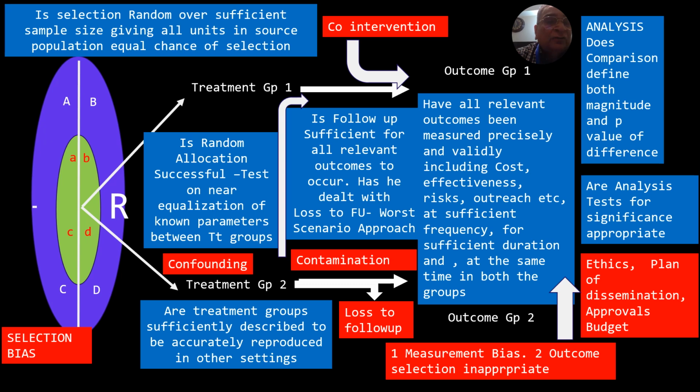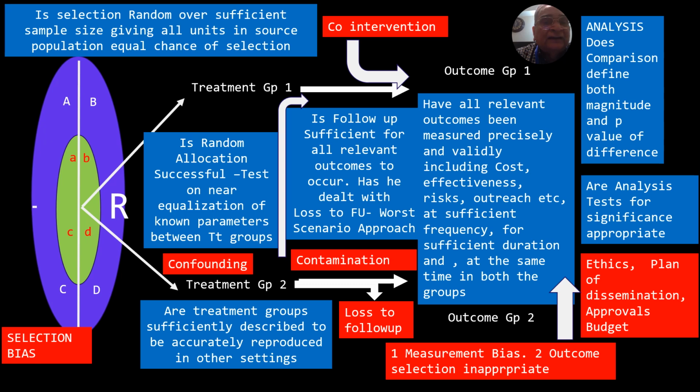Now we teach you how to critically appraise a randomized controlled trial. This blue is the source population from which the target population will come, and therefore the results of your study population will become generalizable or externally valid on the target population.